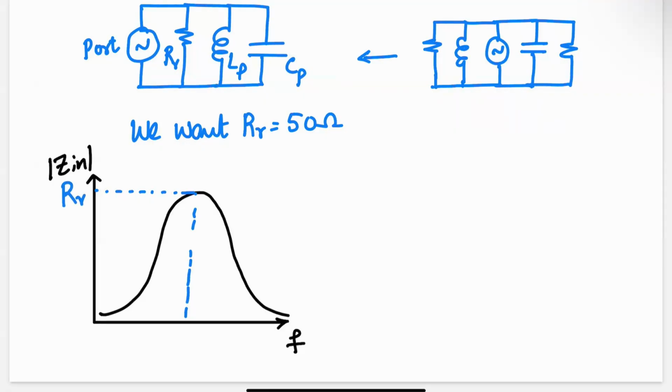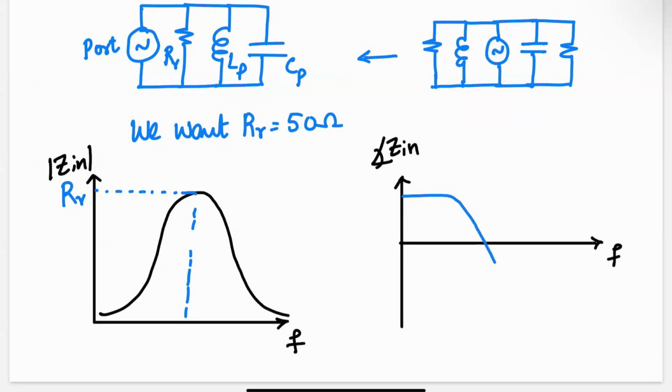And then if I look at the angle, or the phase of the impedance, it goes from plus 90 down to minus 90.